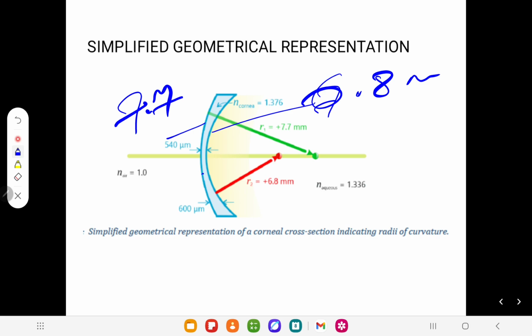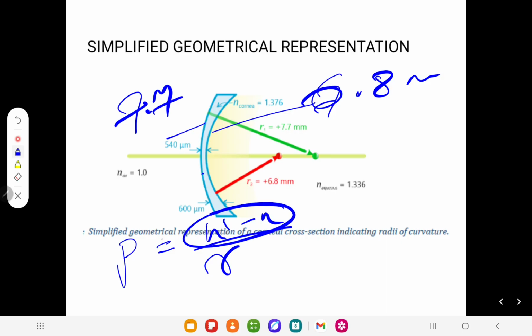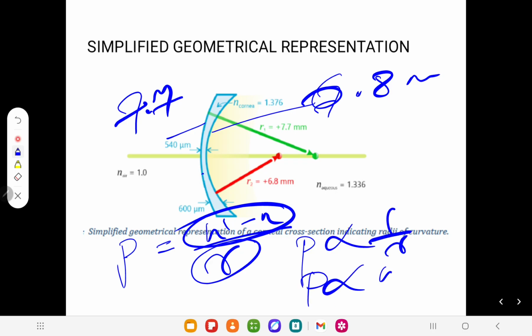What is the power of the front surface? The power of a surface is n dash minus n divided by r, isn't it? So n dash minus n and r both matter. The smaller the radius of curvature, the more the power. Power is inversely proportional to radius of curvature, but directly proportional to the difference in index.